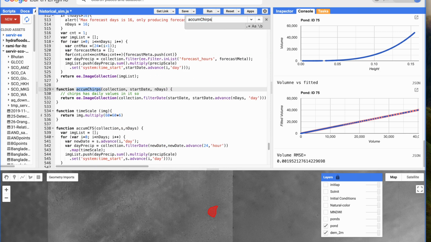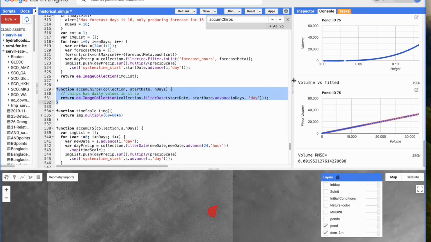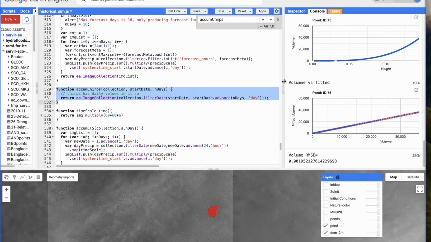Okay, yeah, this function is in here, line 521. This function is basically accumulating all the CHIRPS values. It's a very generic function, so you could pass in any image collection and it will give you that accumulated value over that time, between the start and the end date.